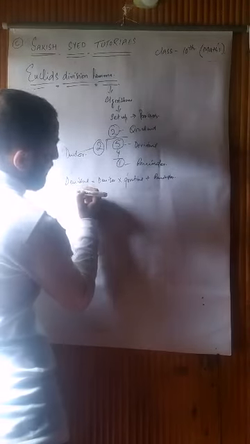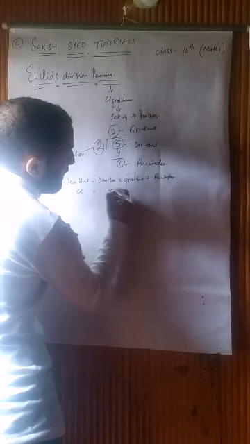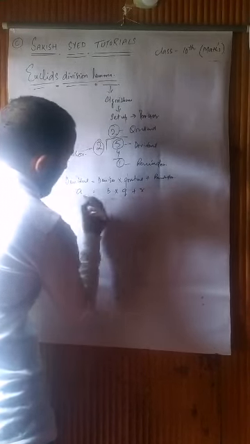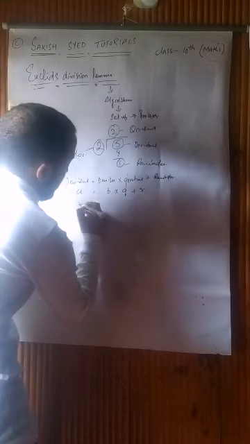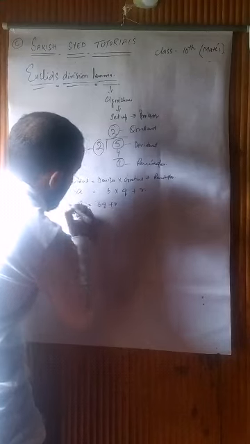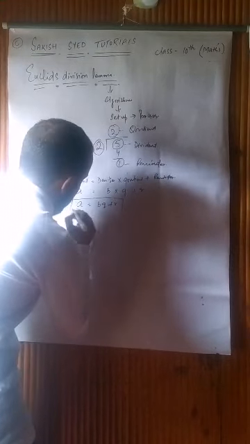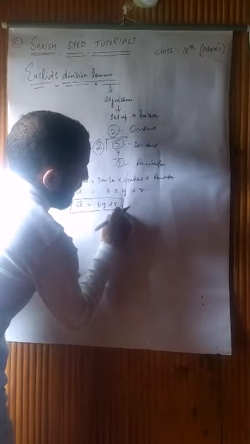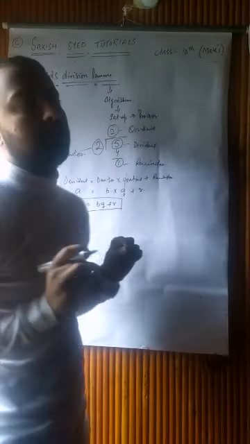The dividend was denoted by small a, the divisor by small b, the quotient by small q, and the remainder by small r. Now the equation becomes a equals bq plus r. This is the required relation for Euclid's division lemma.